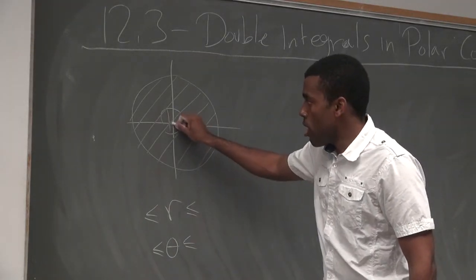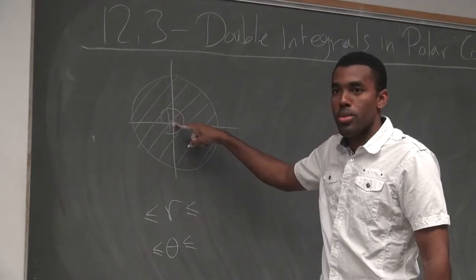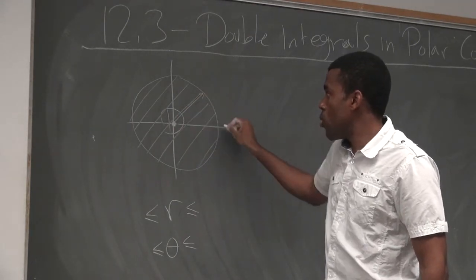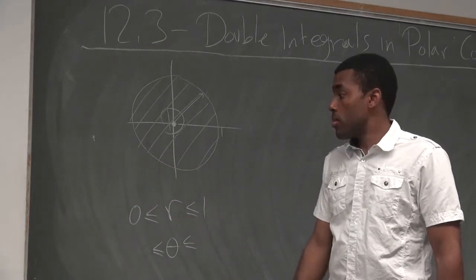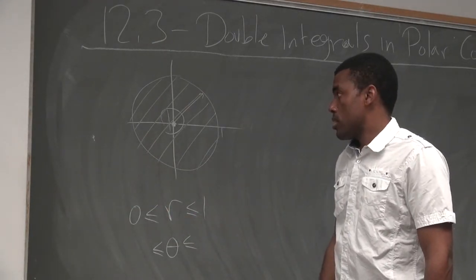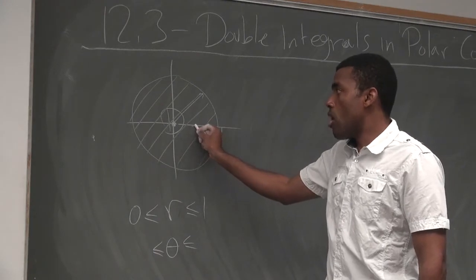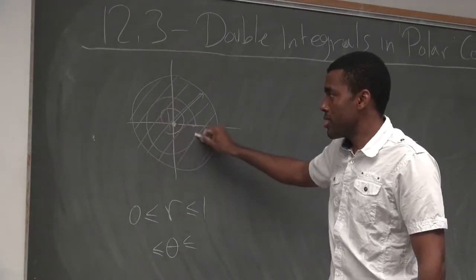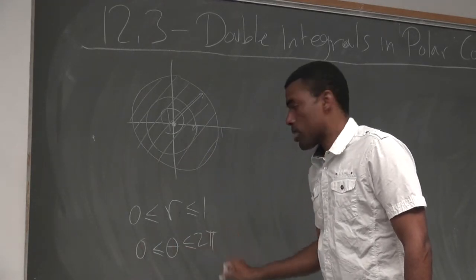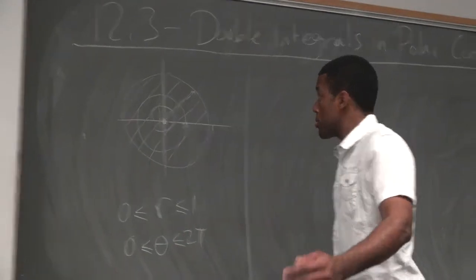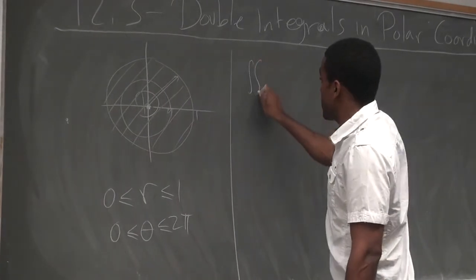So you're covering all points from 0 away from the origin, all the way out to 1 away from the origin. So r goes from 0 to 1. Theta, you're covering all 4 quadrants, so it's 0 to 2 pi. That's it.